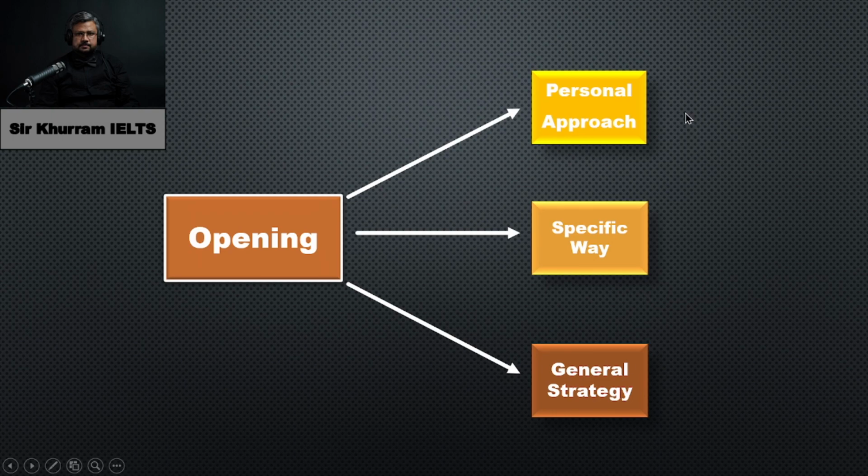So either you're going to start in a personal way, in a specific way, or in a general way. It's up to the candidate. But when do we start in a personal way? When do we start in a specific way? Or when do we start in a general way? We will need detailed videos about these things. So we have one of the possibilities. Either we start this way, or this way. And then we move on to the second phase of a talk, that is extension.